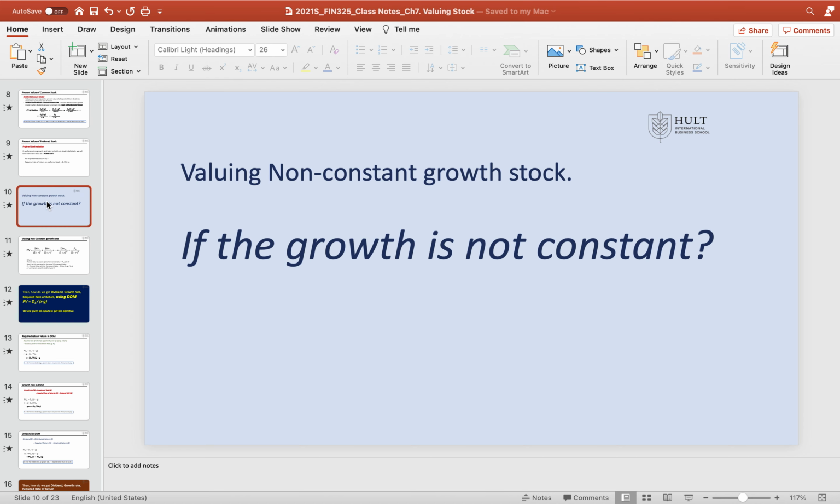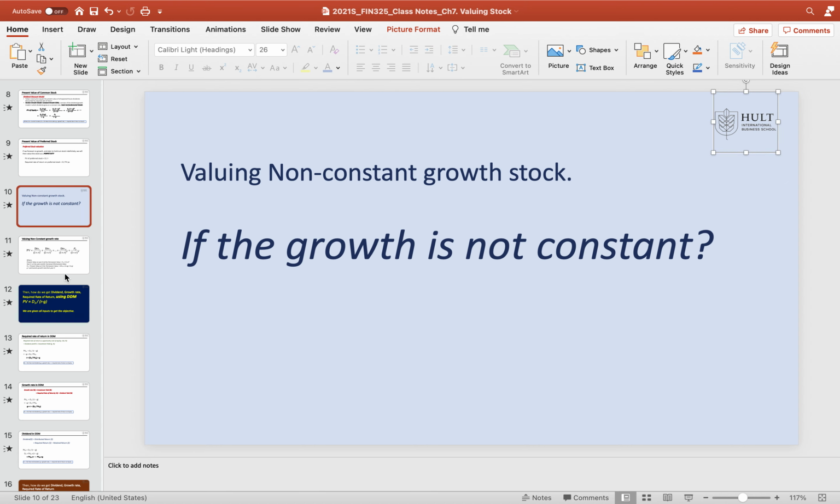But this video clip will be covering non-constant growth, because in reality, even though the dividend is constant, in the unforeseeable future we cannot exactly measure the growth rate, like in 10 years or 20 years.